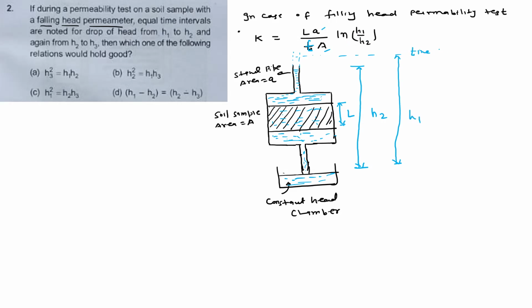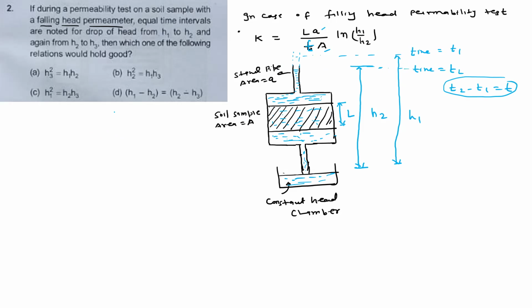At time t1 the head is H1, and at time t2 the head is H2. So t2 minus t1 is equal to t. So here, this is t, from H1 to H2. This is permeability K.